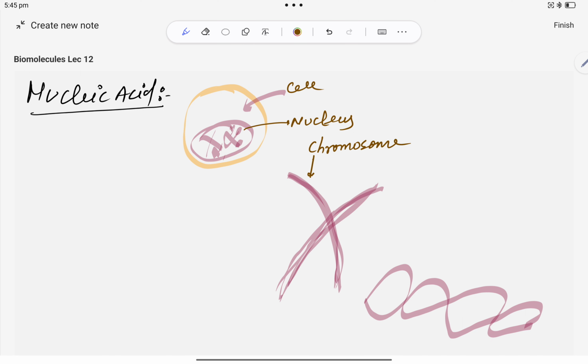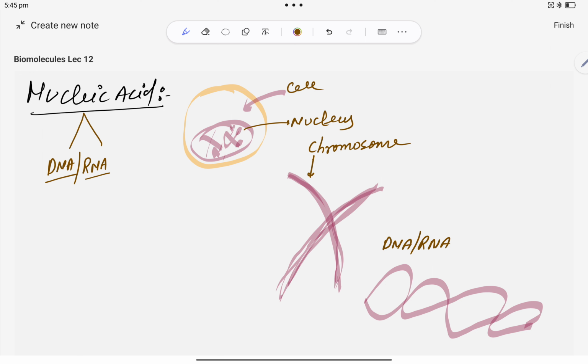These chromosomes are made by DNA and RNA. So basically nucleic acid is made by DNA and RNA.